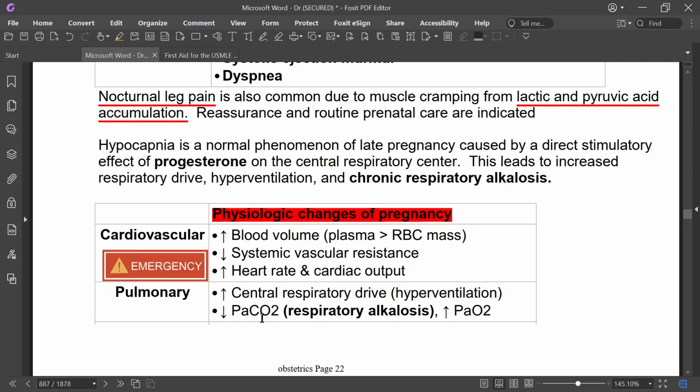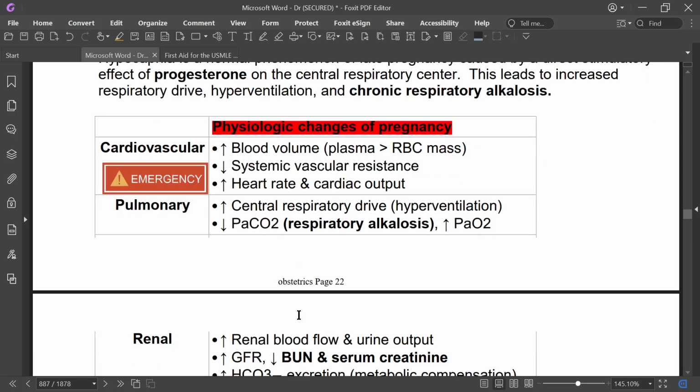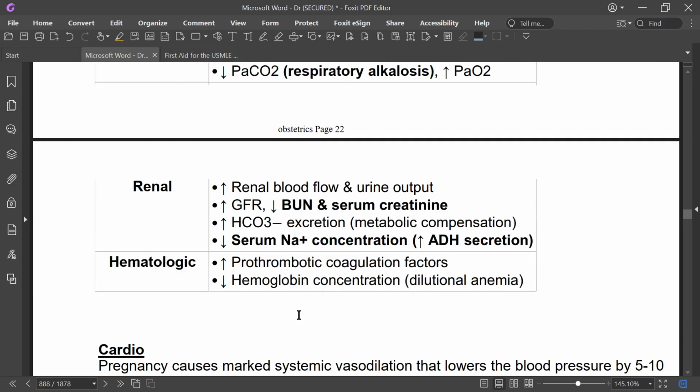In pulmonary, there may be increased central respiratory drive like hyperventilation, and decreased PaCO2, that means respiratory alkalosis, and PaO2 increased partial pressure of oxygen.